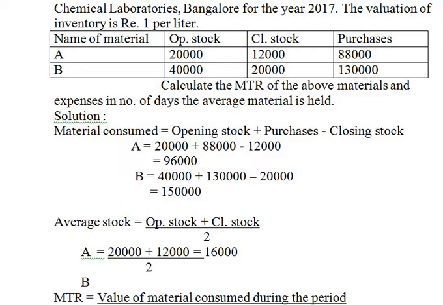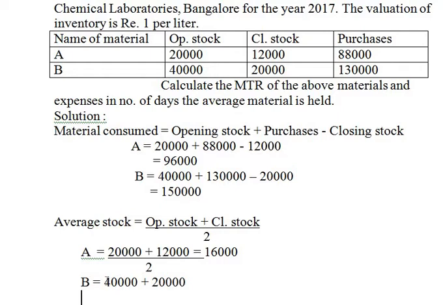Same thing, calculate it for B also. B is equal to opening stock 40,000 plus closing stock 20,000, divided by 2.